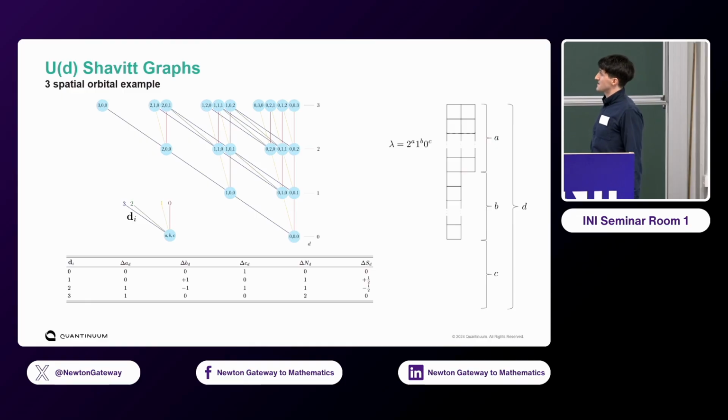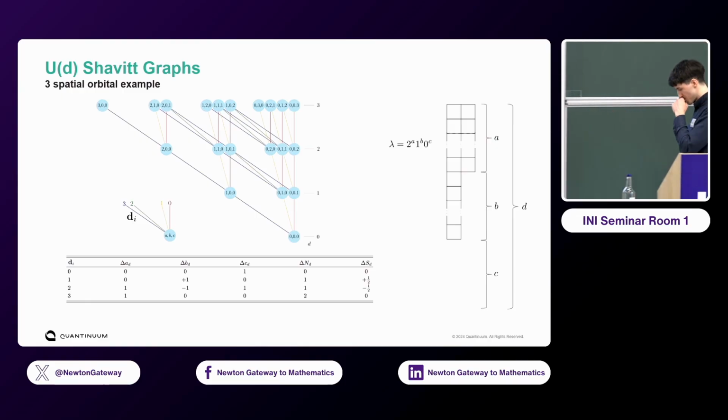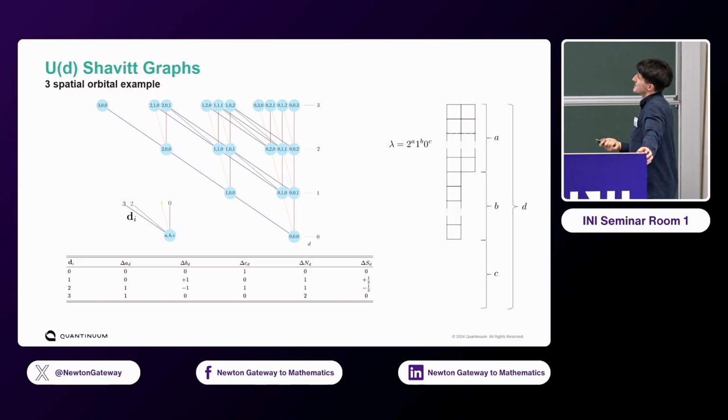But what this leads to is this Bratteli diagram, this kind of restricted Bratteli diagram of these 2-column Young diagrams, which give you the internal recursion of the irreps for each spatial orbital level. And there's 4 different branching strategies between each node in the Bratteli diagram.